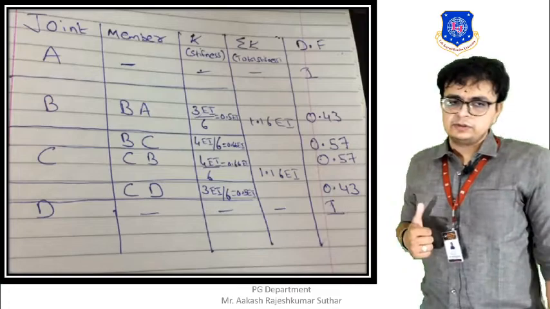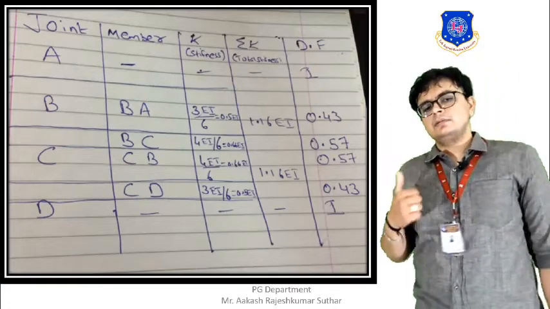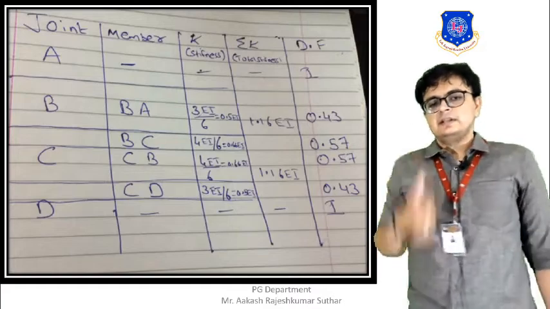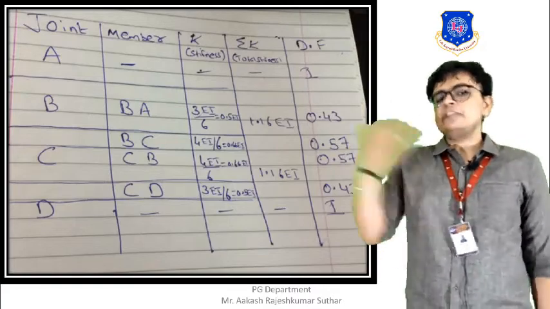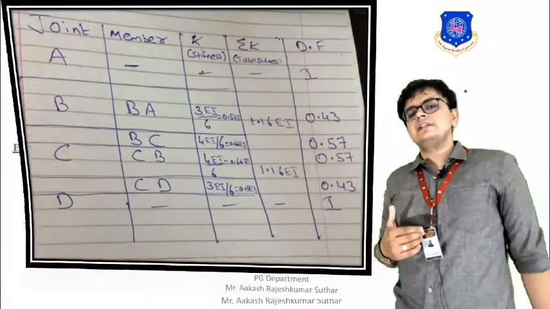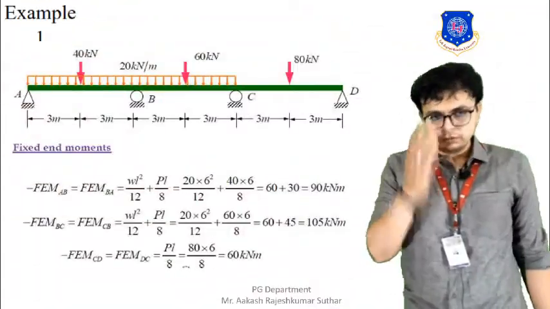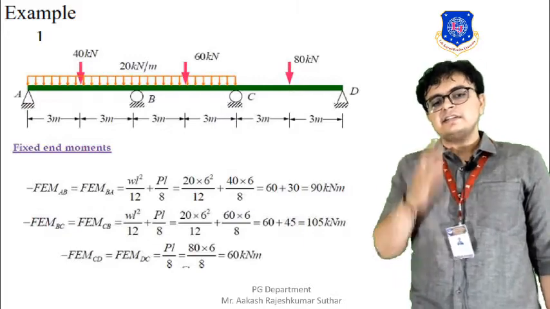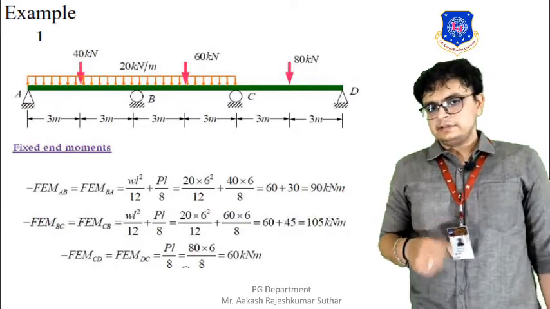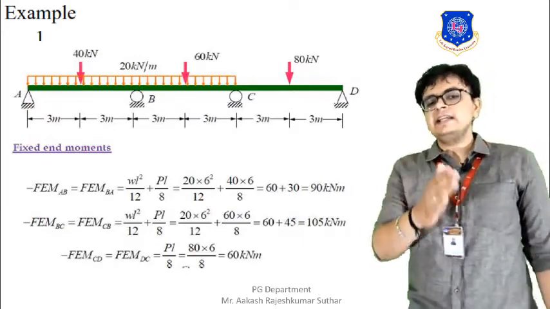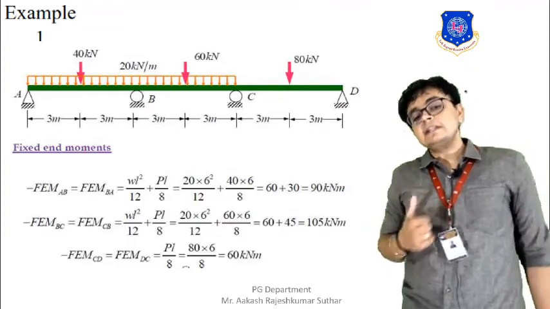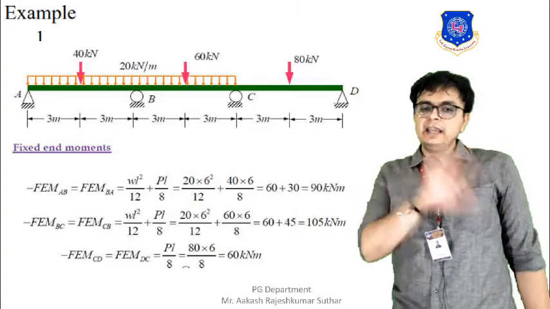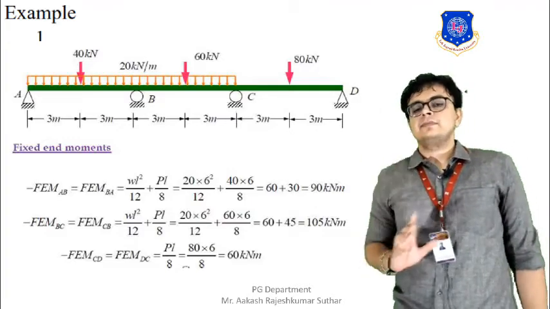So talking about BA, when we are considering the internal supports as fixed, meaning B and C supports will be considered fixed, at that time A and D will be the hinge supports.